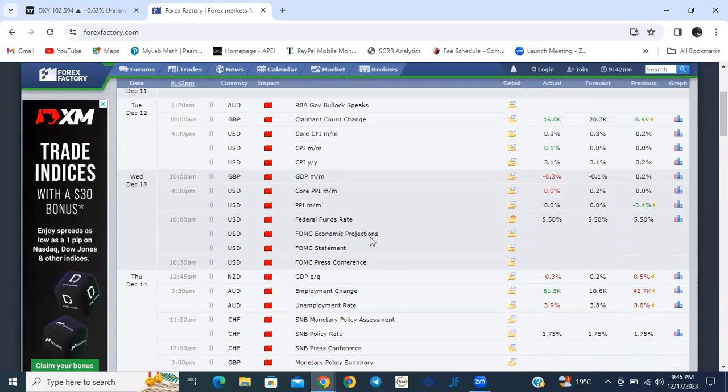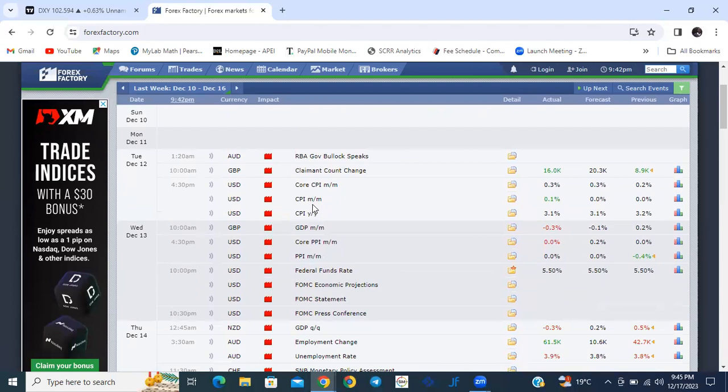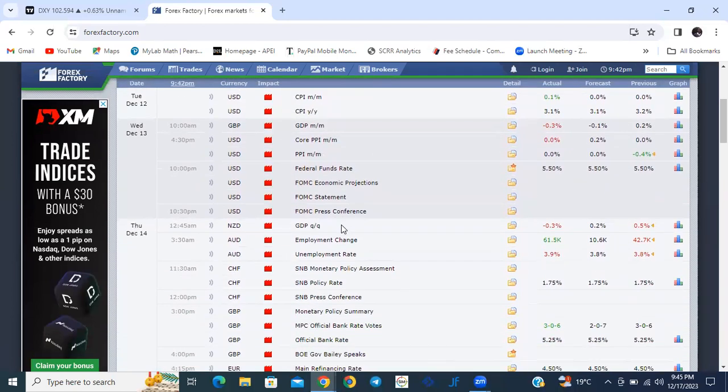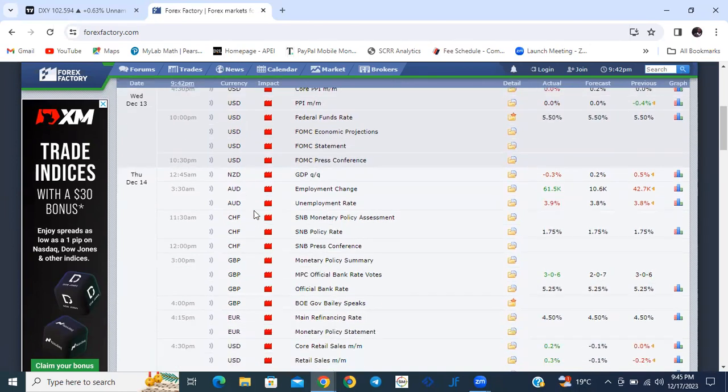Last week was very busy fundamentally. We had many economic events released. Basically, we had the CPI for USD, the federal funds rate, that is the FOMC, and the employment change and unemployment rate for AUD.